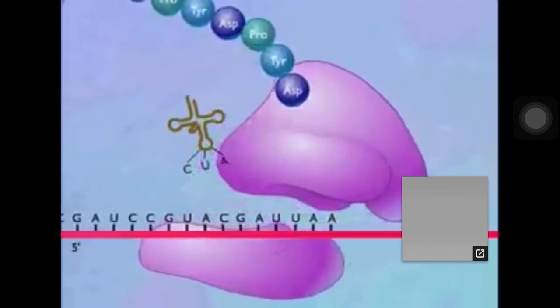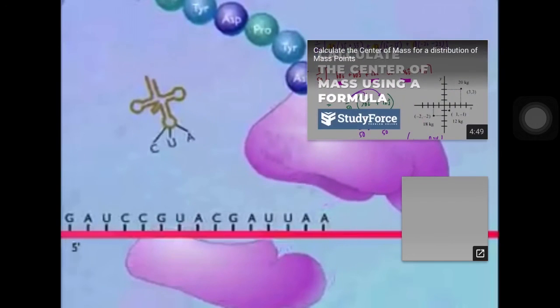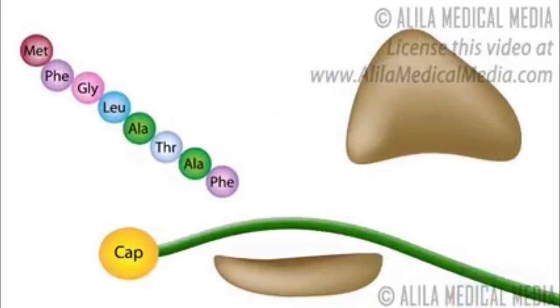Then, the release factor causes the addition of a water molecule to the polypeptide chain. This reaction hydrolyzes the bond between the last amino acid of the polypeptide chain and the tRNA in the P site. The newly synthesized protein is released, and the ribosomal subunits dissociate.